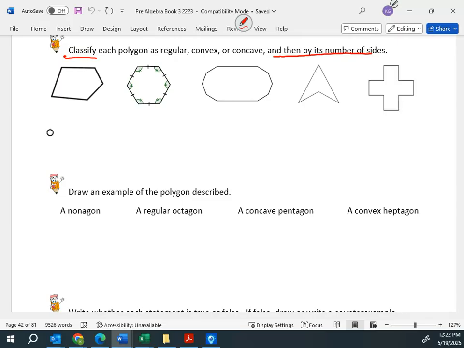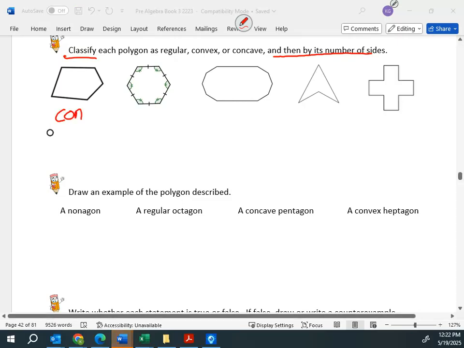So let's look at our first one. Regular, convex, or concave? Christina. Say it louder for me. How do you know it's convex? We know it's convex because there's no cave-ins, and it can't be regular because there's no measurements on it.